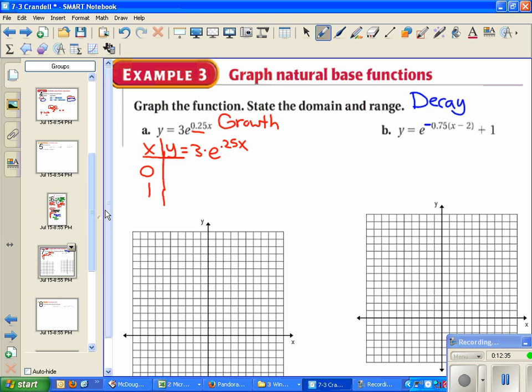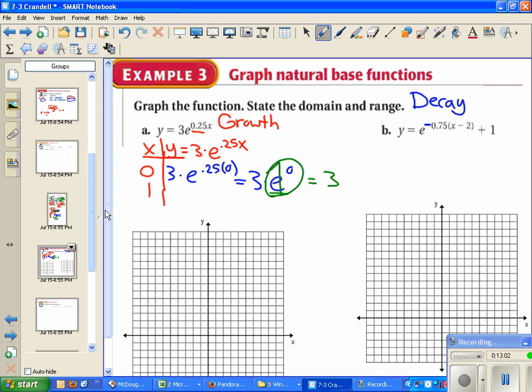Okay. So we have 3 times e to the 0.25 times 0, which is the same thing as 3 times e to the 0 power. Right? Order of operations, same as chapter 7.1 and 7.2. So we do the exponent first, that turns into a 1, and 3 times 1 is 3.